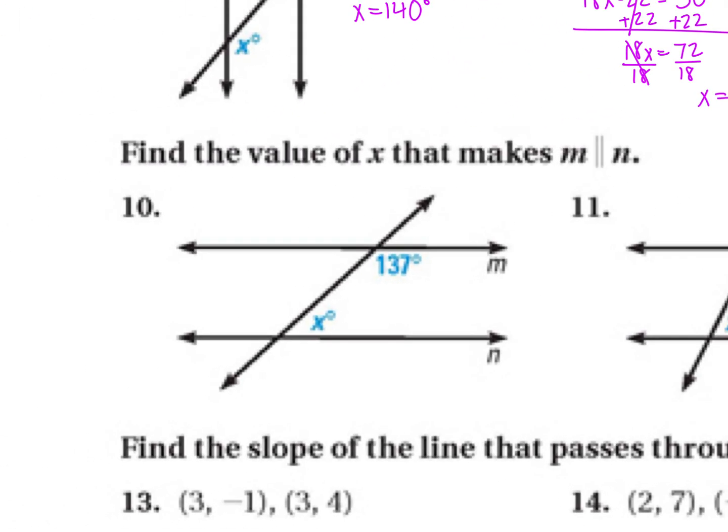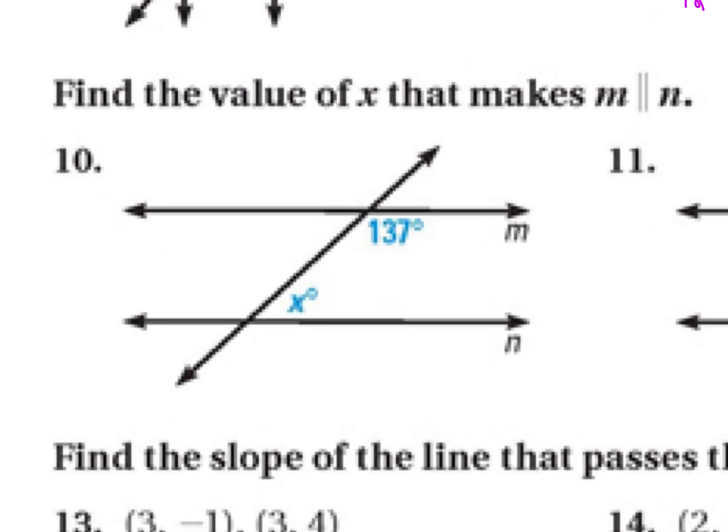Alright, looking at 10, find the value of x that makes M and N parallel. So same thing, we need to know what is congruent, what is supplementary. These are considered consecutive angles. And consecutive angles are supplementary.